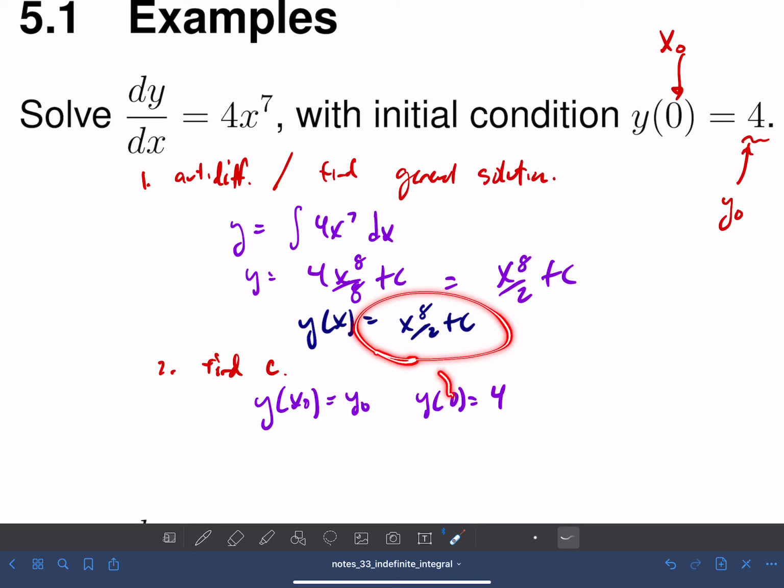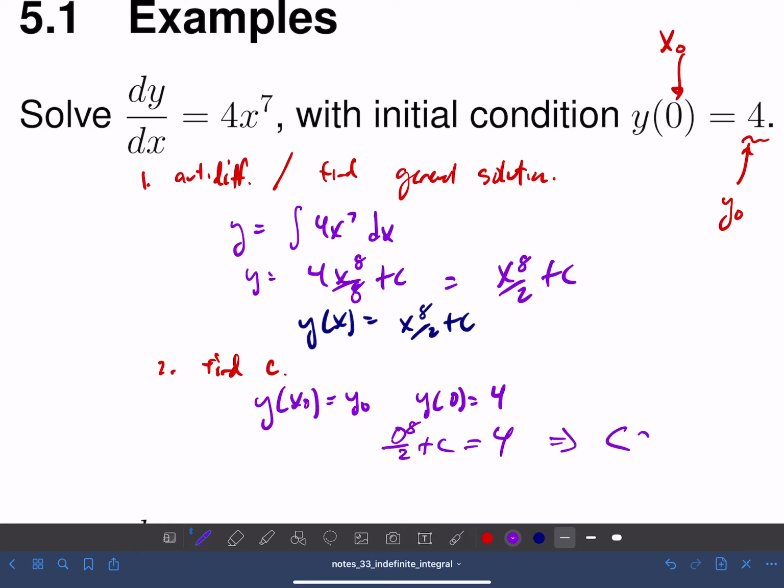I'm going to take my 0 and put it into that expression. So 0 to the 8 over 2 plus c equals 4, because that's what y at x naught, at 0, is. There was an x, now I have the 0. That means that c equals 4.